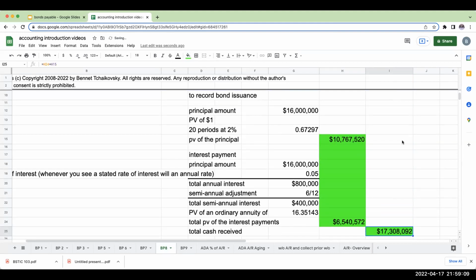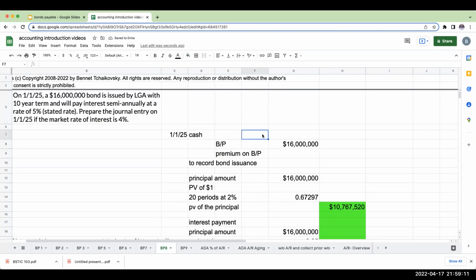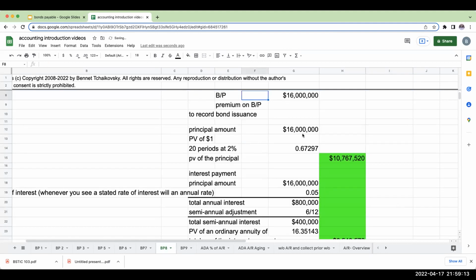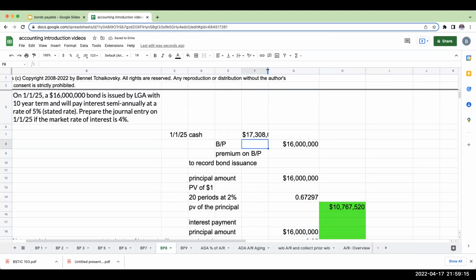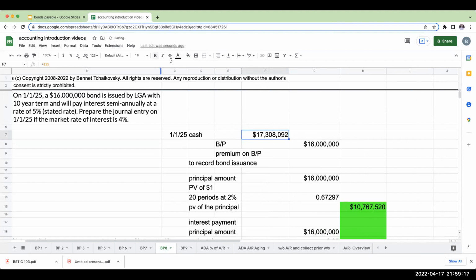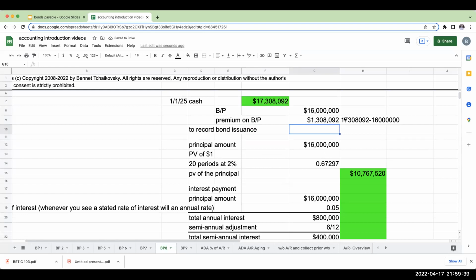Right in time for after St. Patrick's Day. Okay, so my cash received is going to be 17,308,920, and this is what we expected. Why did we expect it? Because the stated rate is greater than the market rate. If that's in fact the case, the bond will sell at a premium. So 17,308,920 minus 16 million, and so my premium on bonds payable is 1,308,920.